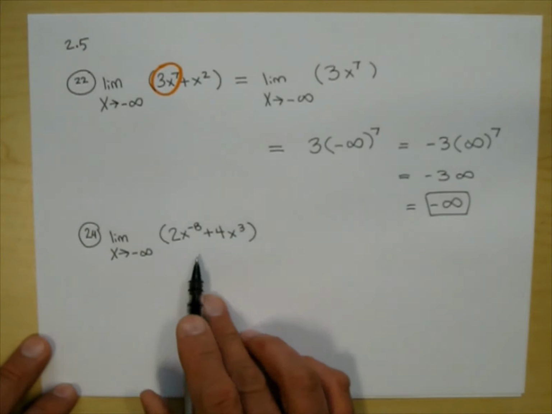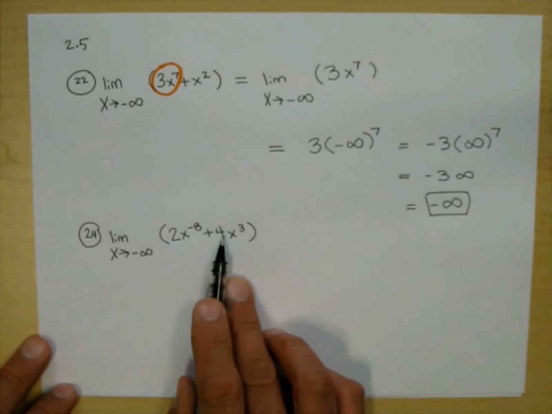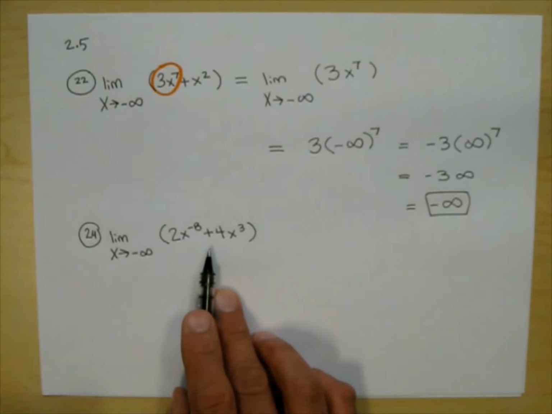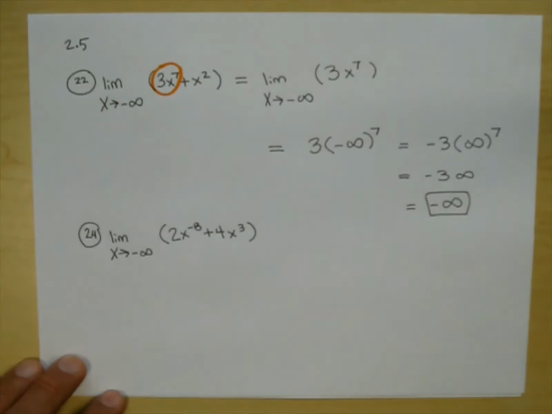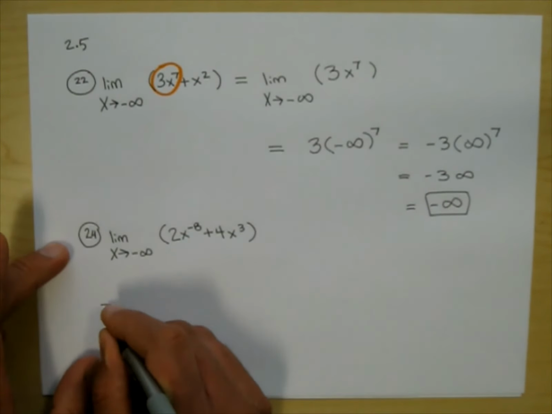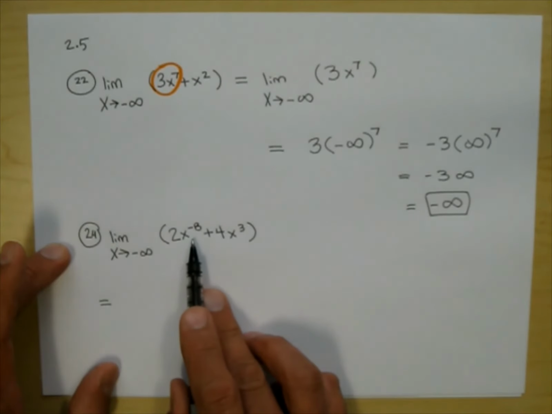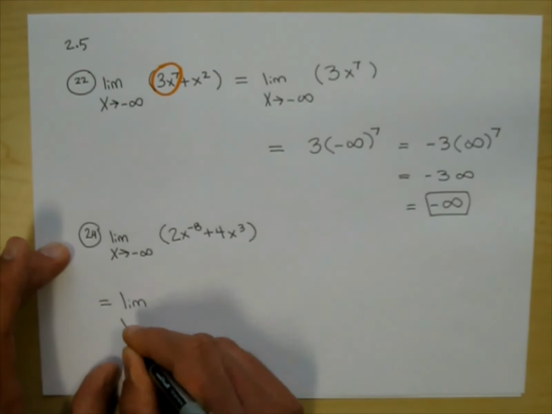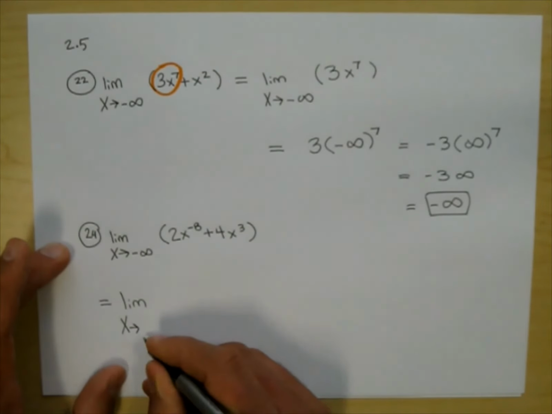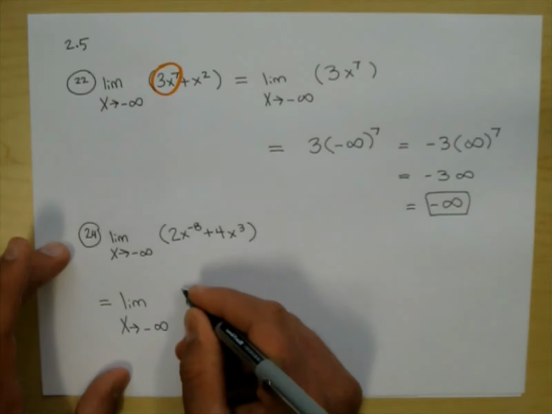Let's take a look at this one. This one is not a polynomial. So we've got to be a little bit more careful on this because a polynomial just has positive exponents. Let's see what happens. The first thing that I would do is probably rewrite this. This is a negative exponent, so let's see, limit as x approaches, once again, negative infinity of this.